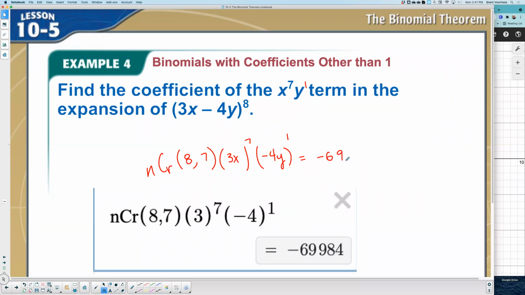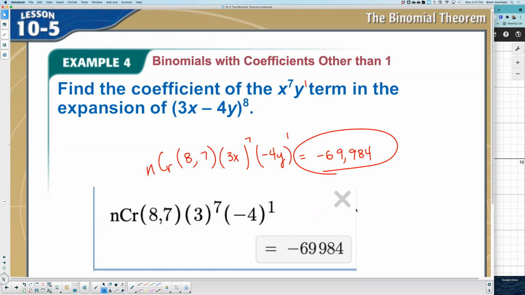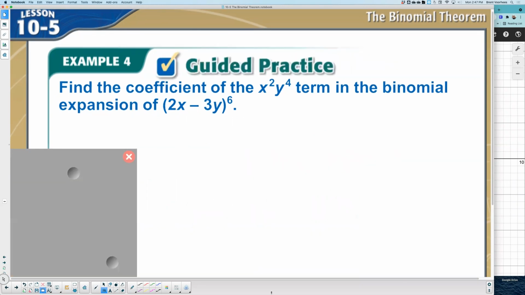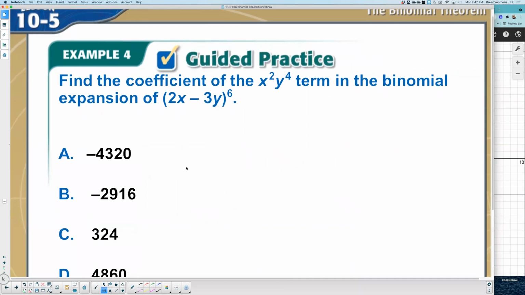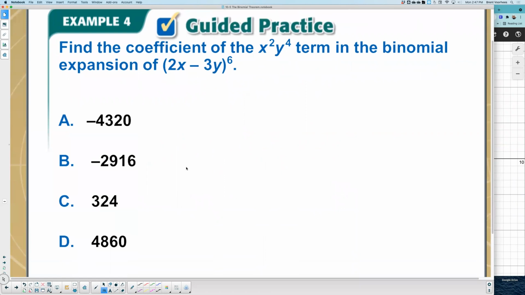And coefficient does not mean the variables with it. So this would be the correct answer right there. Negative 69,984. So with that, I'll allow you to try your next DOL. DOL number 4. I'll pause the video here for you.